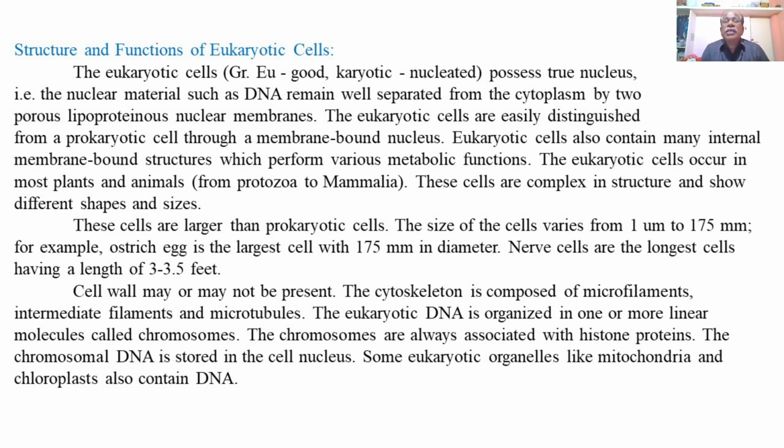Eukaryotic cells have a true nucleus enclosing nuclear material or the nucleoplasm containing DNA in the form of chromatin or the chromosomes composed of DNA and certain nucleoproteins like histones.